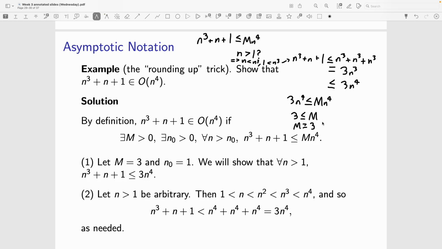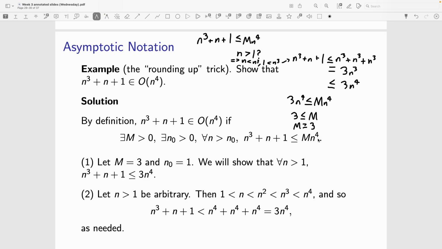And now we have m is greater than or equal to 3. Now we have a constraint on m, and as we saw earlier, a constraint on n. And that actually makes us ready to do the formal proof.